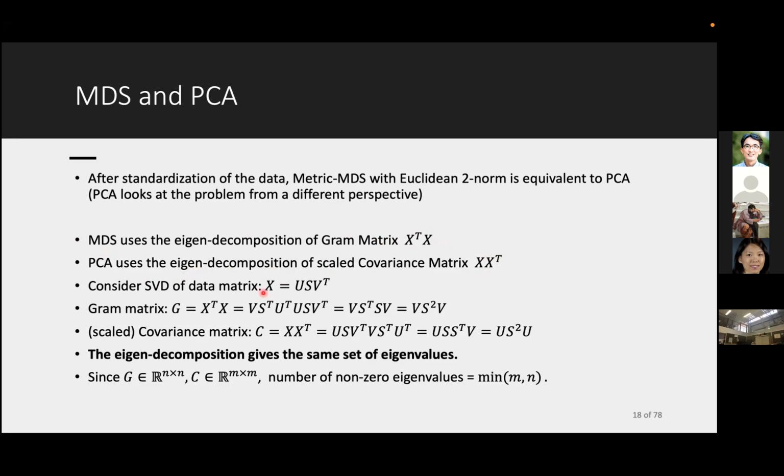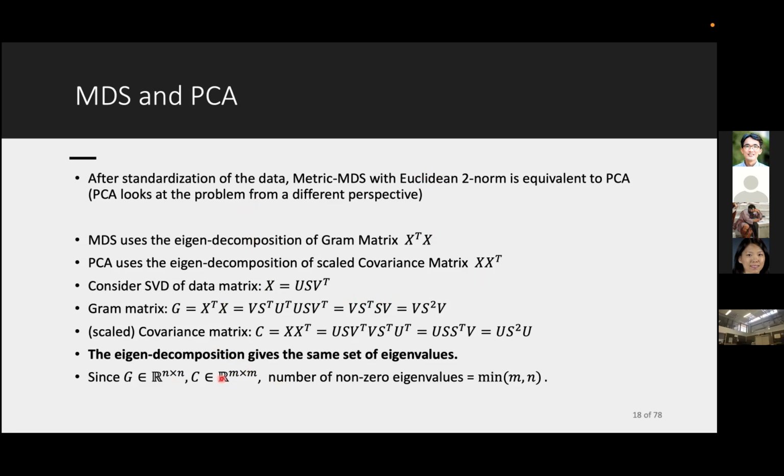In fact, if you do a singular value decomposition of your data matrix, you find that they end up sharing the same set of singular values, or the eigenvalue matrix. Because the eigenvalues encode the geometric information, in this case under the Euclidean 2 norm, these two algorithms give you the same results.